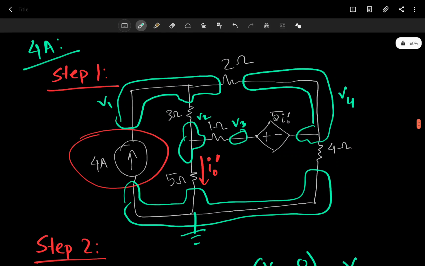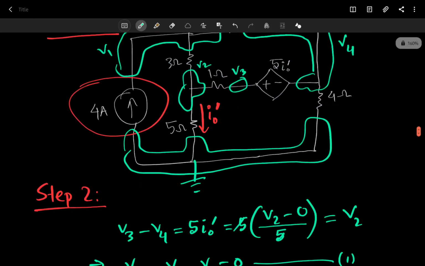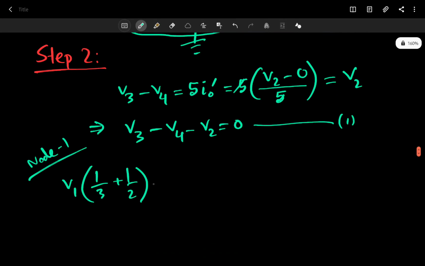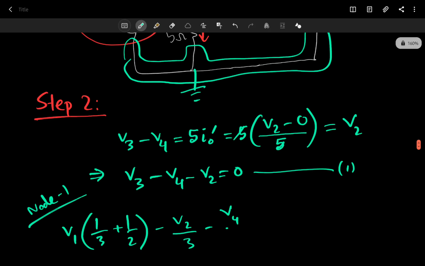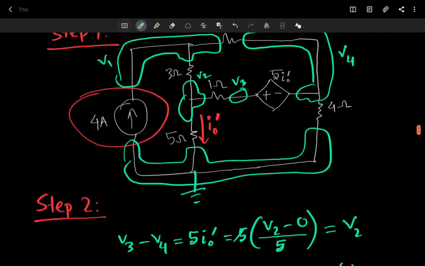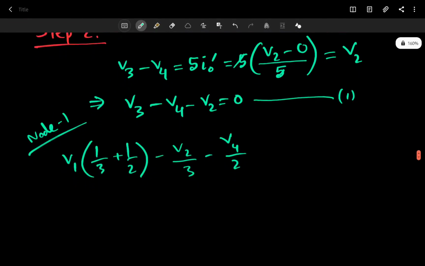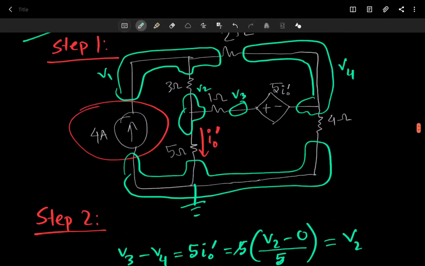Node 1 has 2 and 3 ohm here, so 1/3 plus 1/2, minus V2 by 3, and the 2 ohm goes to node 4, so minus V4 by 2. And we have the 4 ampere current source, current going in, so we have minus 4 equals 0.